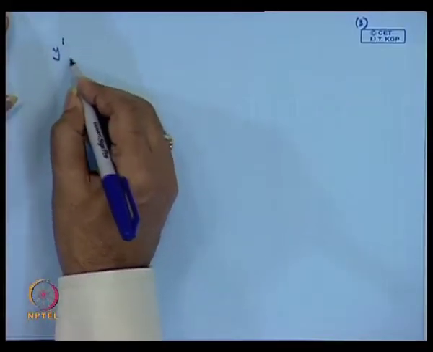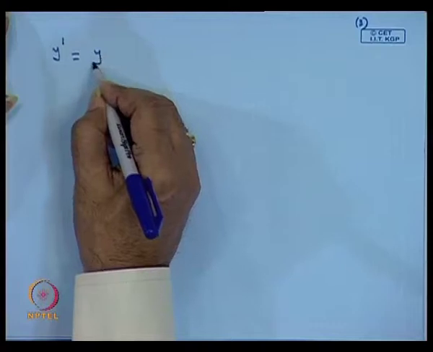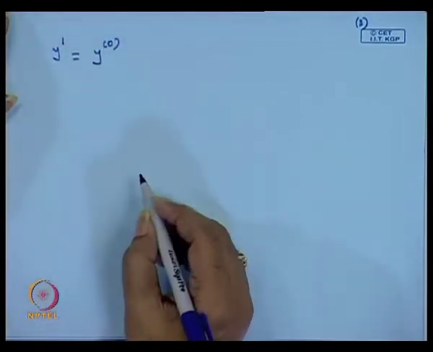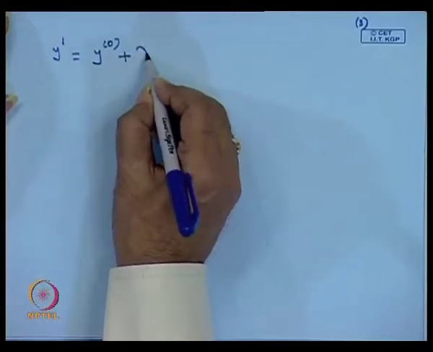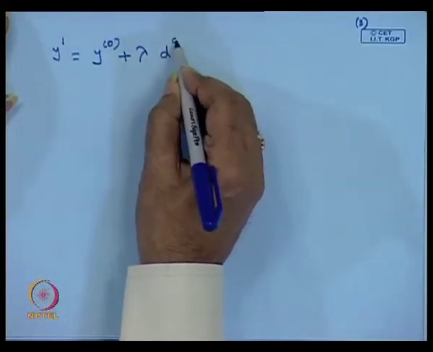So, y1 is equal to y of 0 plus lambda into d of 0.